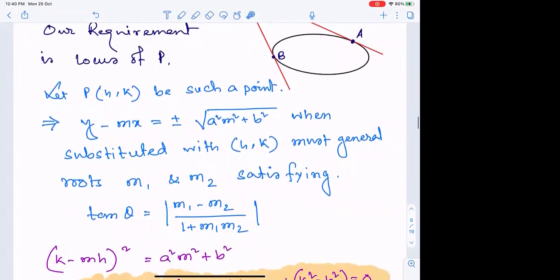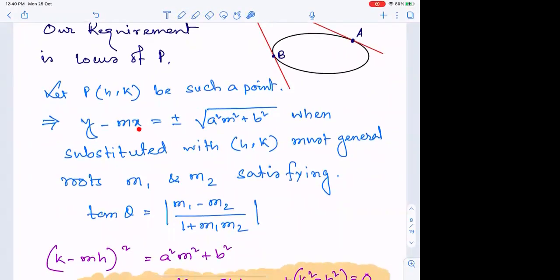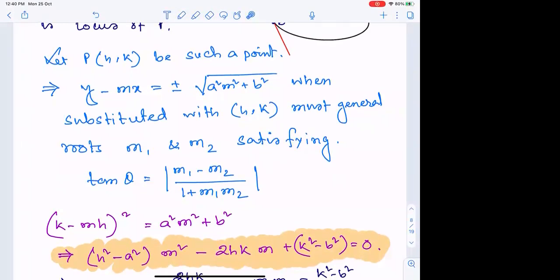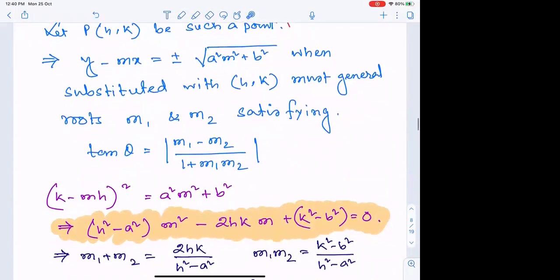So let's target that. We have substituted h for x and k for y and gone for the squaring to get it reduced to a quadratic. So that has given us this quadratic association in terms of m. Now if m1 and m2 are the roots of this equation, we already know m1 plus m2 and m1 into m2.